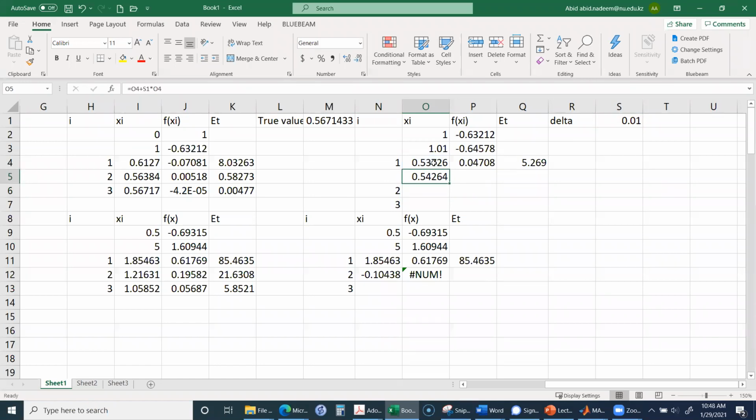What is the difference between the previous value and this value is that this current value is 1% more than this value. Okay, 0.01. It is not like 0.53726 plus 0.01. No, it is 0.53726 plus 0.01 times this value. Or simply I can take this value times 1.01.